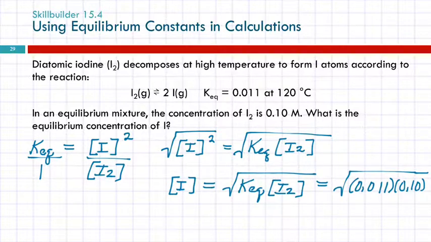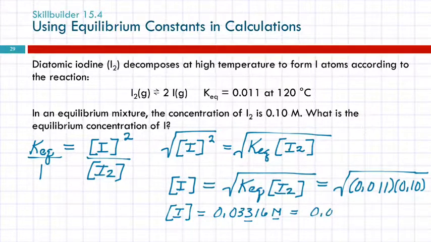So you got to figure out how your calculator wants you to put that in. So you should come up with 0.033 moles per liter.